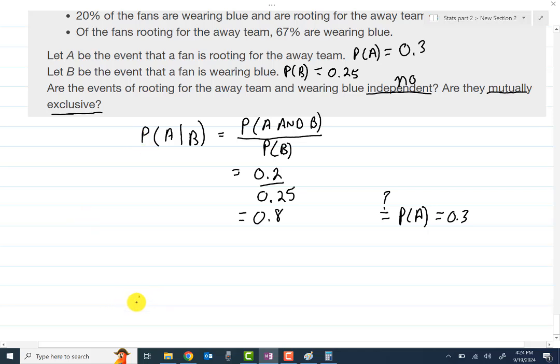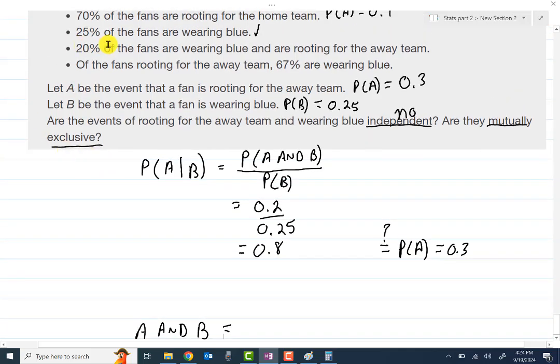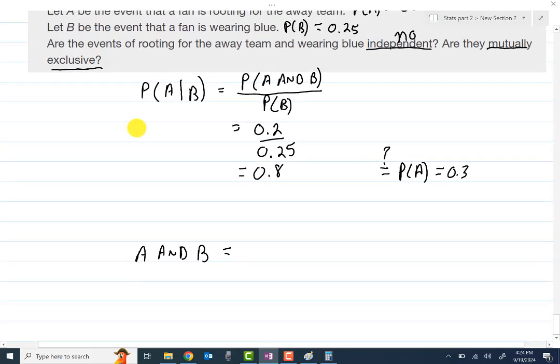For mutual exclusivity, I look at the intersection. If it has things in it, then they're not mutually exclusive. And you look, the probability of A and B is right here. It's 0.2. So with that said, that cannot be the empty set.